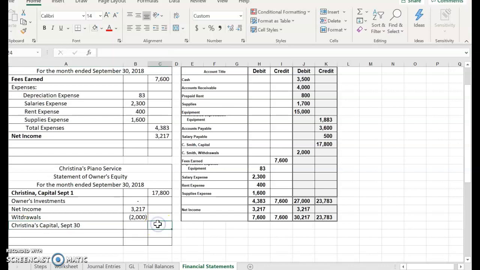So now we would say 17,800 plus 0, and then plus 3,217, and then minus 2,000.